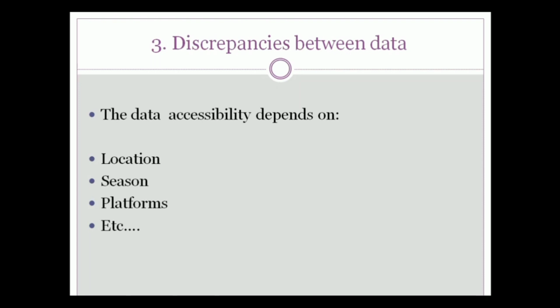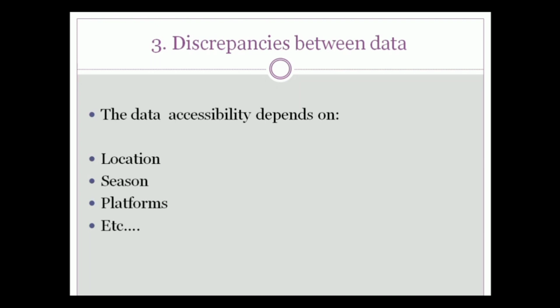So there are some websites that are not accessible via the mobile. They are only accessible via laptops or computers. So there is a dependency on the platform, season or locations, which may cause discrepancies between the data.